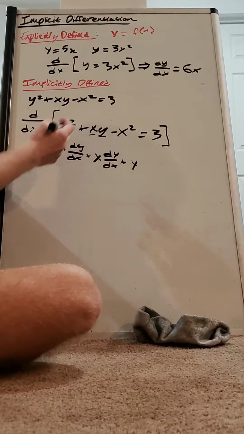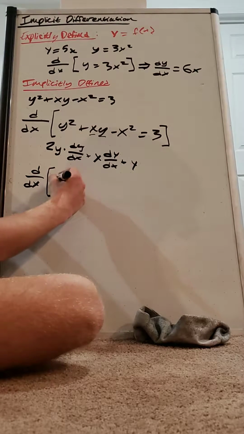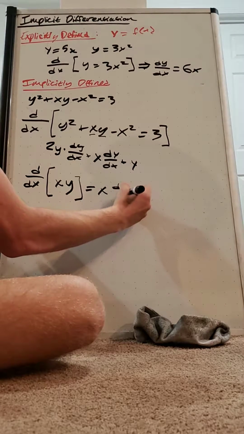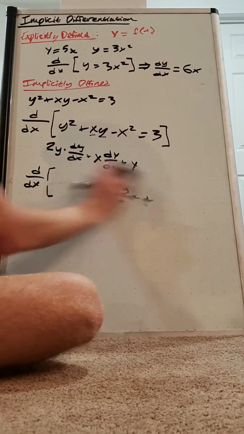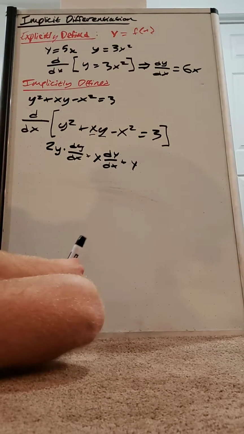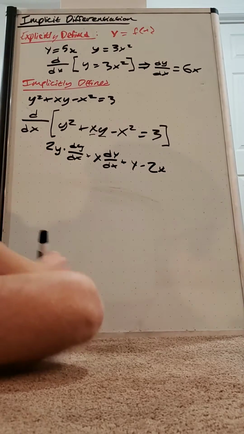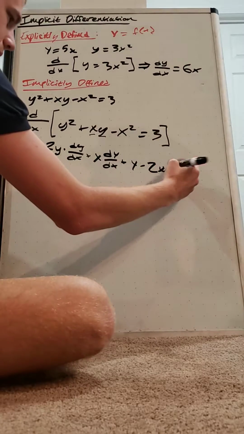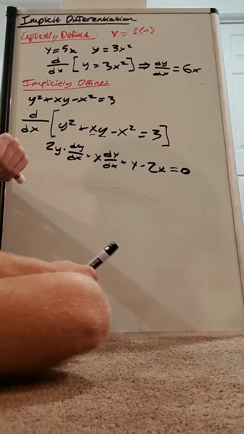So the derivative of xy with respect to x is x times dy over dx plus y. Then we move on to negative x squared, and the derivative of that is negative 2x, since that's just the power rule. And that is equal to 0, since the derivative of a constant is 0.